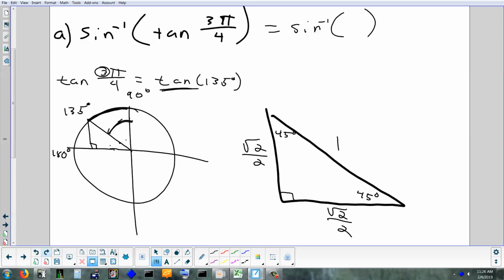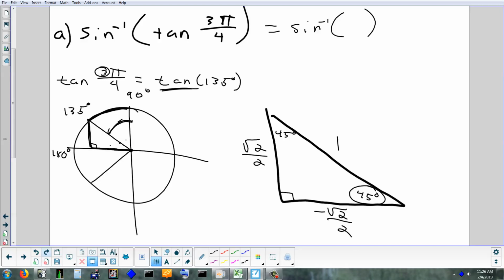And what do you get here if you take that angle and do the opposite divided by adjacent? I should be careful when I label these, because this side is left, this side is up. So this bottom number should really have a negative with it, just to take into account the direction.